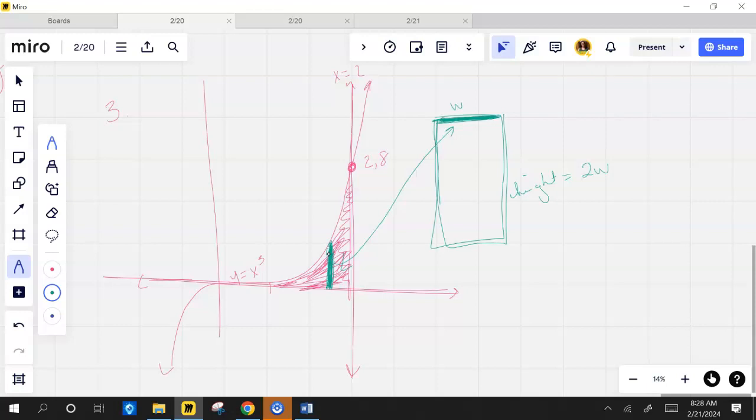There's a bunch of little rectangles of different widths stacked up, and then that's the width. Yes, but it's changing by this equation. Like this is x cubed, which means the height is twice that, which would be 2 times x cubed.